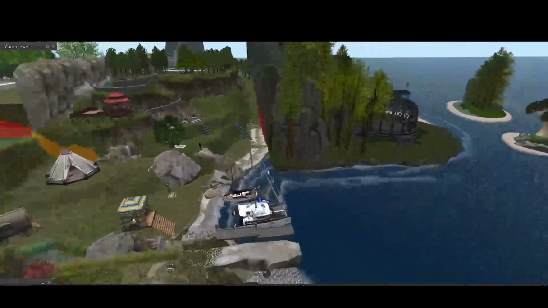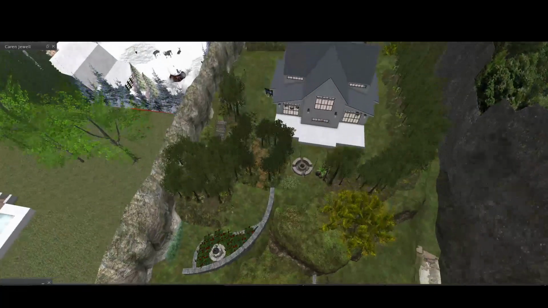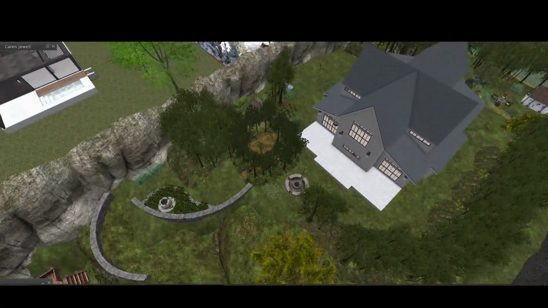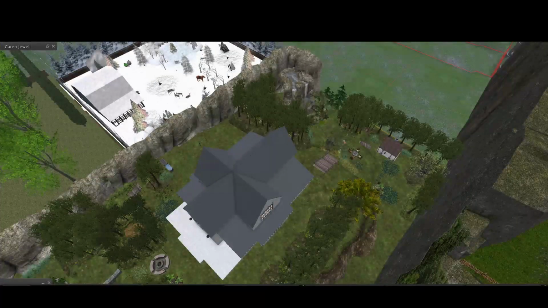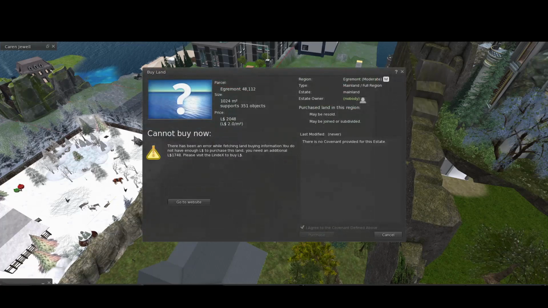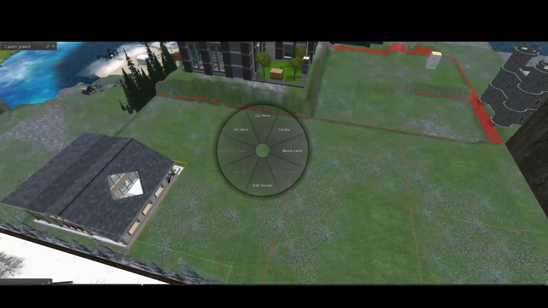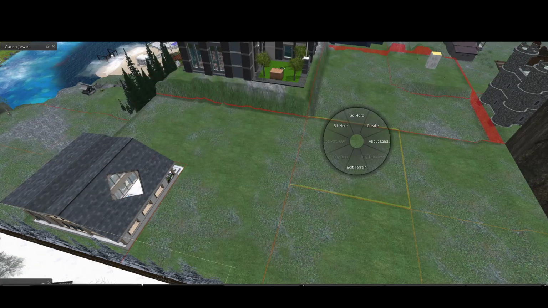Now back here, we can see that there's some other land for sale. So 1024, 2048. We've got quite a bit of land over here for sale. Oh, this is lovely.